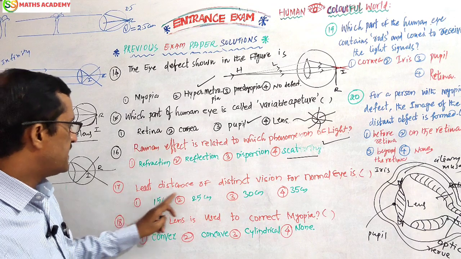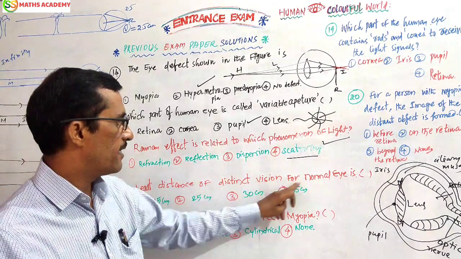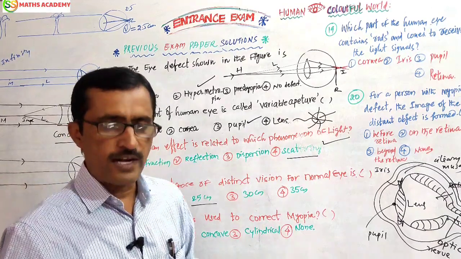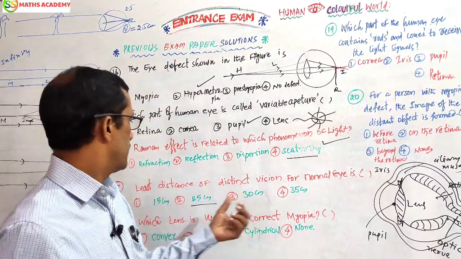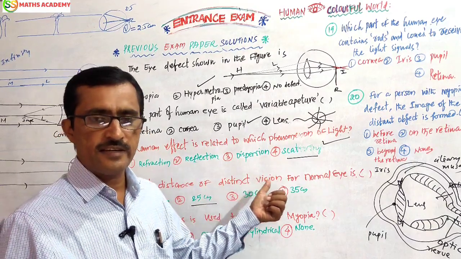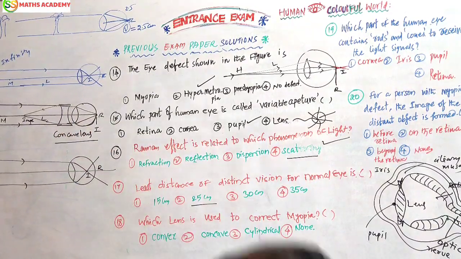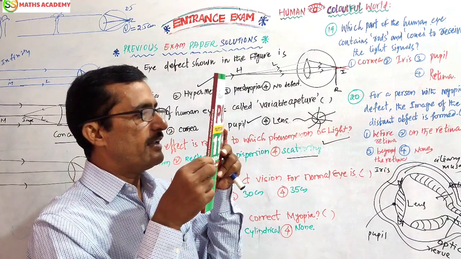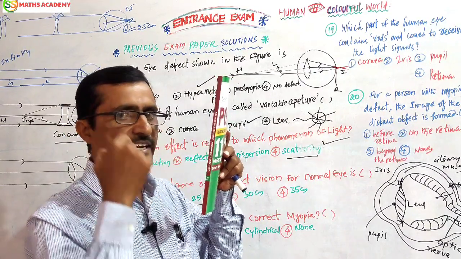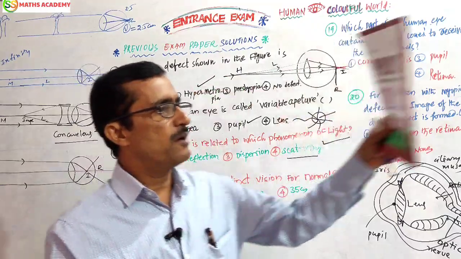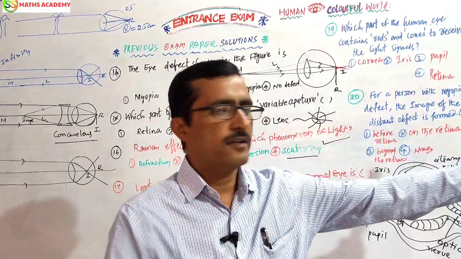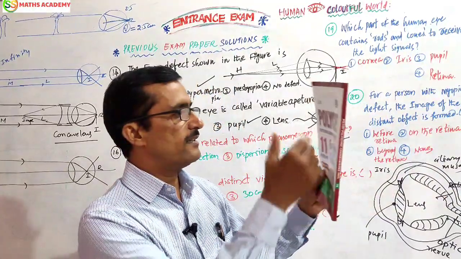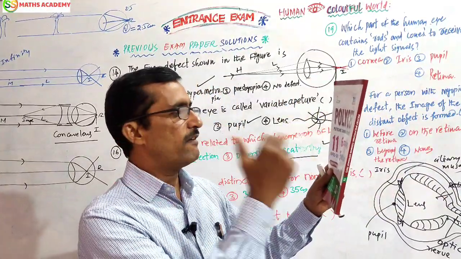Next, the least distance of distinct vision for a normal eye is equal to 25 centimeter. What is the meaning of the least distance of distinct vision? For example, if you want to read the information in a textbook by keeping it very near, our eye gets strained. And if you keep the book very far from your eye, you can't read it. Suppose the book is at 25 centimeter, what will happen?